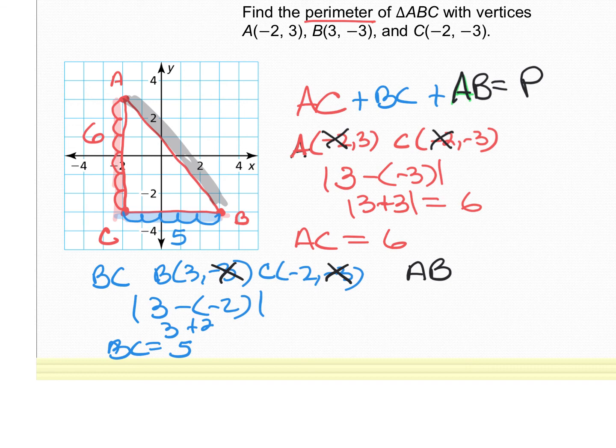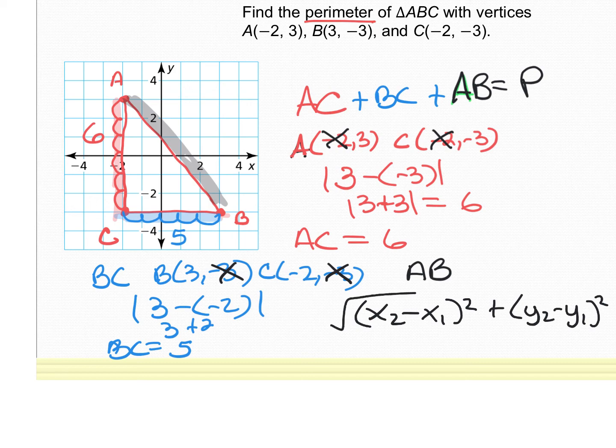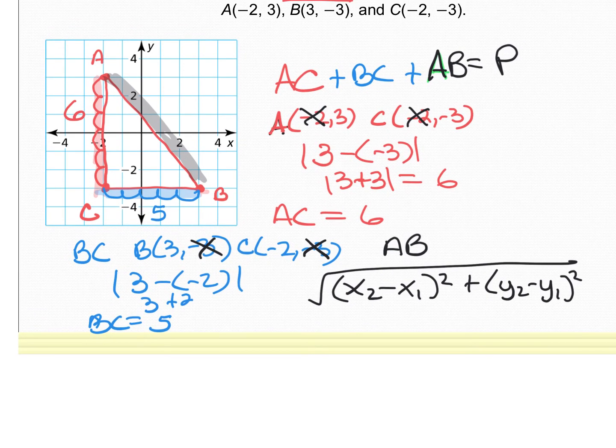Just to remind you, the distance formula is the square root of x2 minus x1 squared plus y2 minus y1 squared. So let's get our ordered pairs A and B. A is negative 2, 3, and B is 3, negative 3.